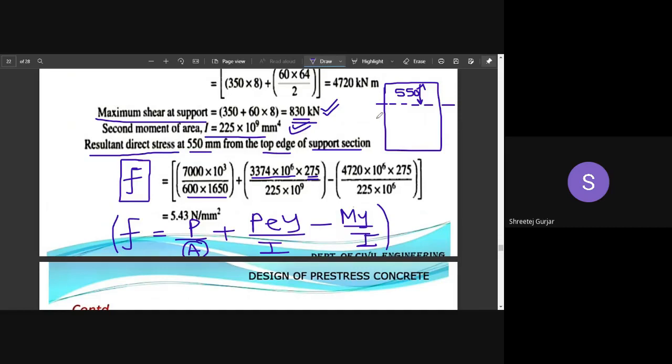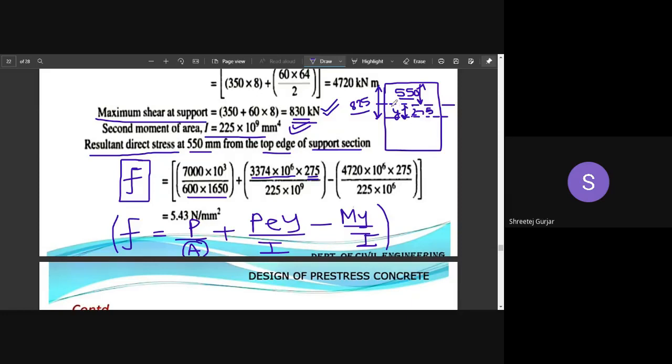Here Y is nothing but, see, this distance is half of your beam depth, that is 825. If you subtract 550 from 825, you get this distance. From the CG, this particular plane of interest is at a distance of 275 mm. So this is the Y which we are concerned with.